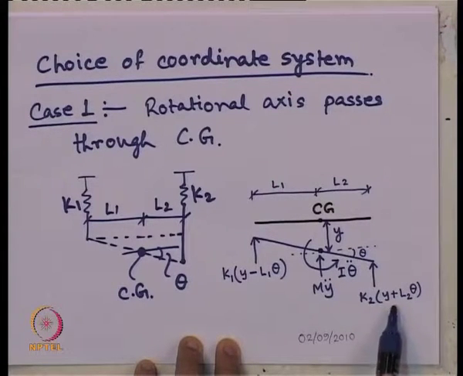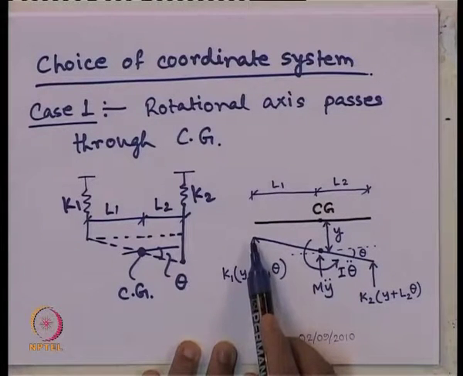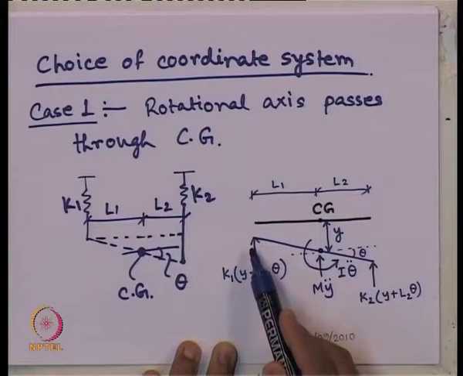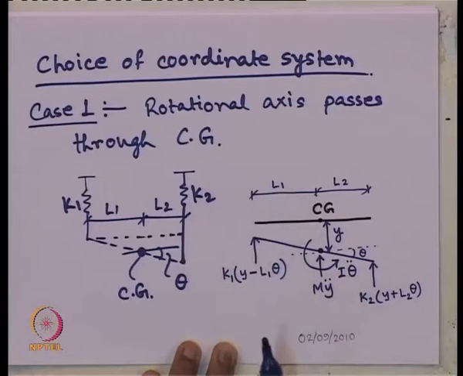So, K2 into y plus L2 theta is the spring force, and this spring force also will act vertically upward because the net displacement of this point is vertically downward. So, it will try to push it back to its original position.